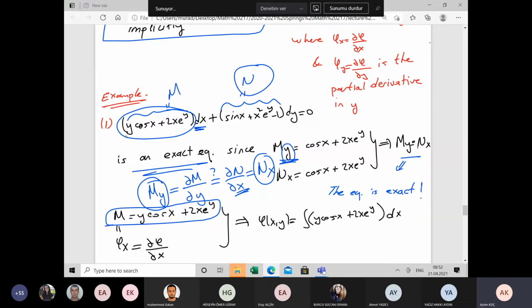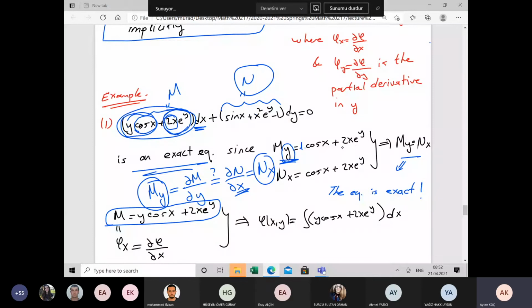So cosine x is a constant. The partial derivative with respect to y of y is 1, times cosine x. Plus the partial derivative with respect to y, where x squared is a constant, of e to the y, so we obtain 2x e to the y.